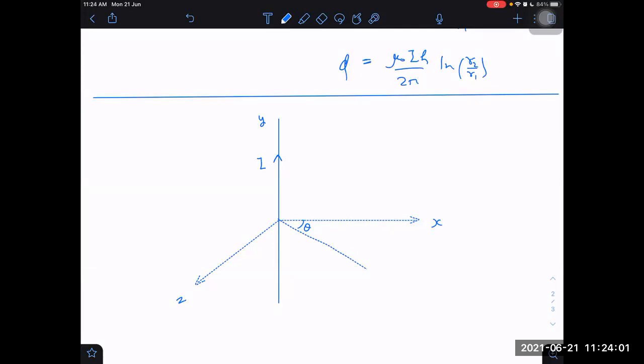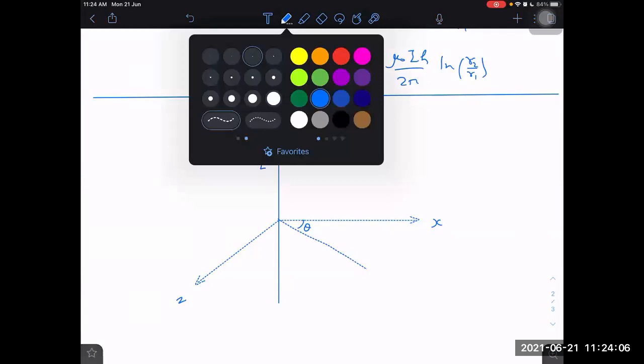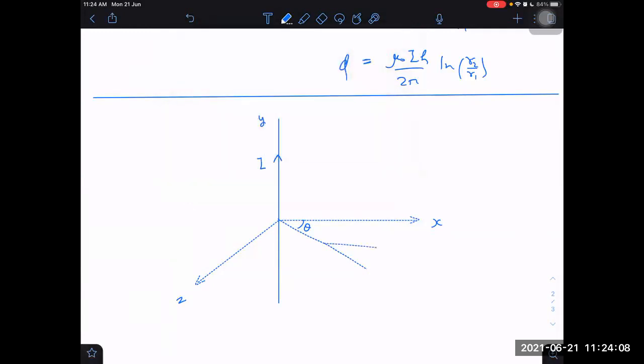Then I am taking a line which is again parallel to x-axis, and along this line I am taking the loop. This is a loop through which we want to find out the flux.